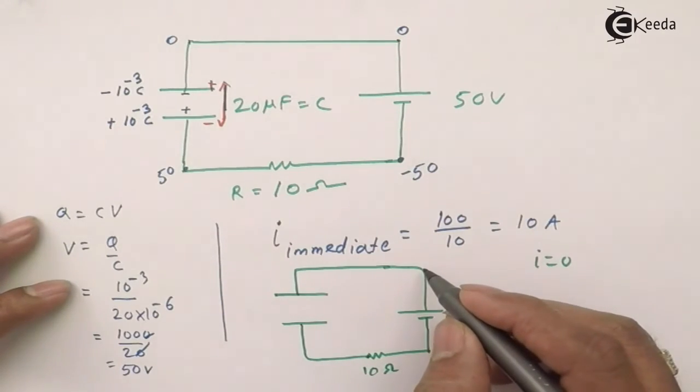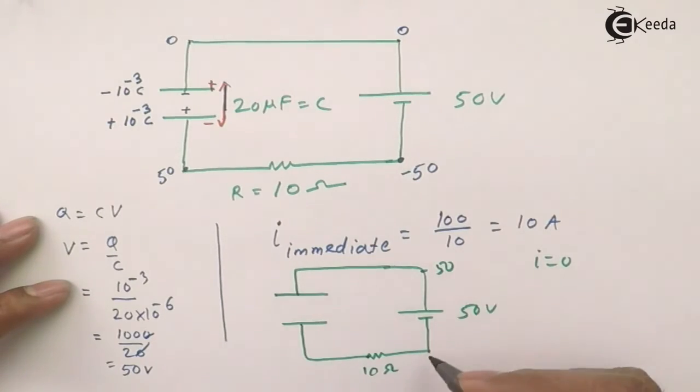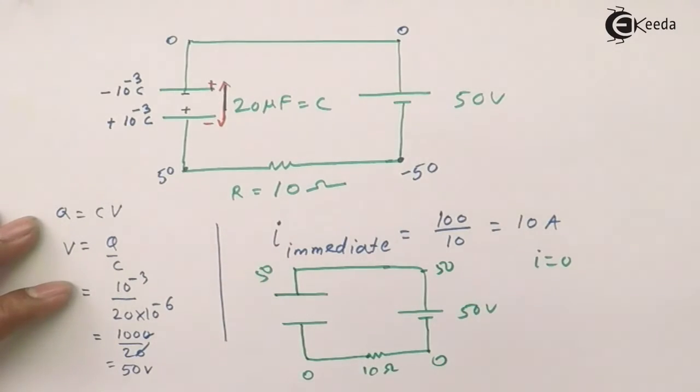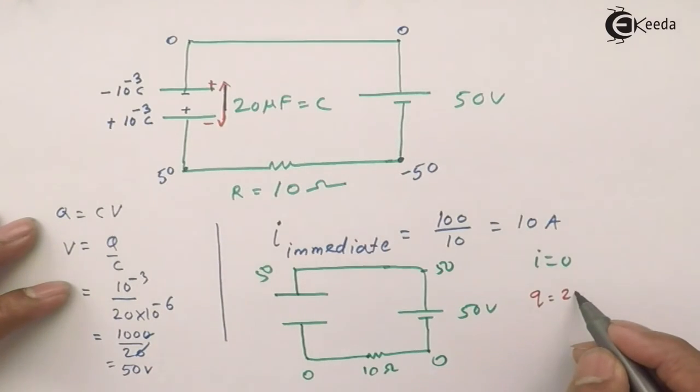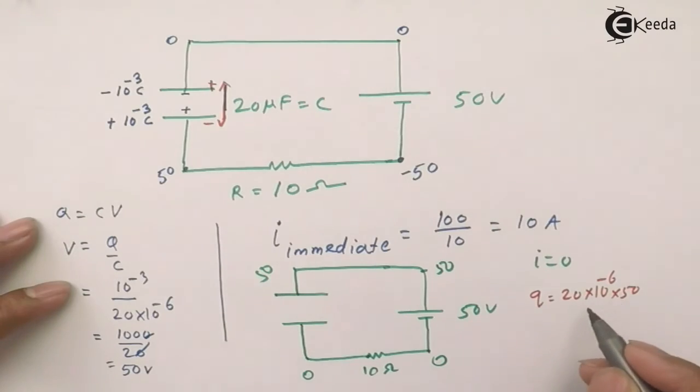If this is 50, this will be 0, and this is 0, this is 50. So the potential difference will be 50, and the charge will be CV, that is 20 micro into 50, so it is 1000 micro.